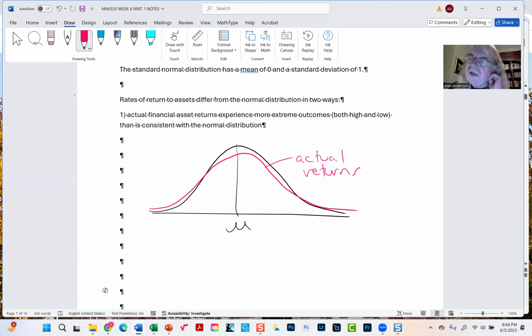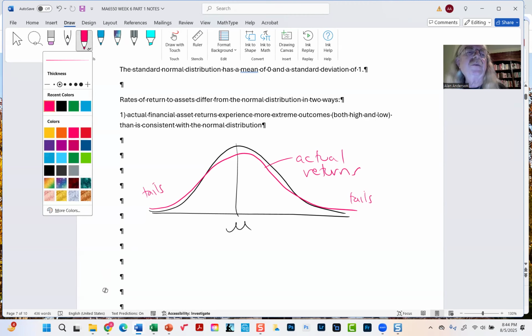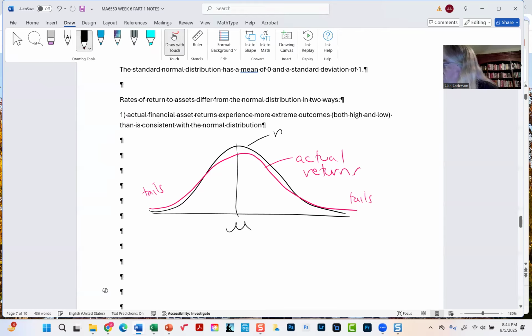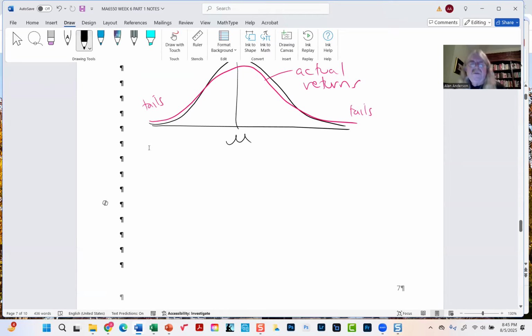And if you notice, there's more area in the tails, as they're called, and less in the center. The black, of course, is the normal distribution. And another thing: the normal distribution is symmetrical about the mean, meaning that the left and the right hand side are mirror images of each other.